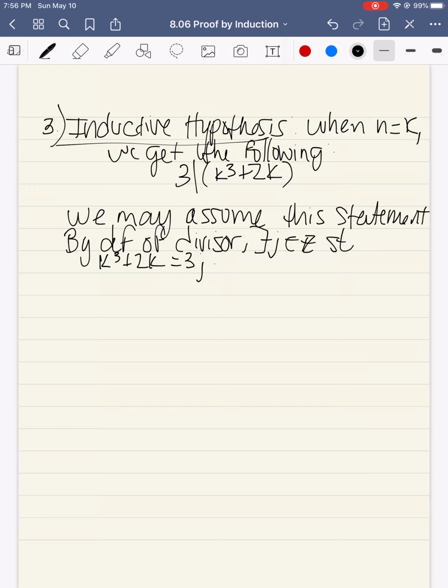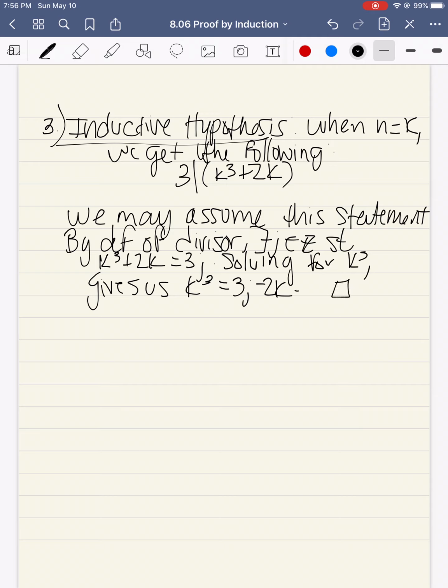But once you get into the habit of doing these proofs, you'll know what you want to solve for. So solving for k cubed gives us k cubed is equal to 3j minus 2k.